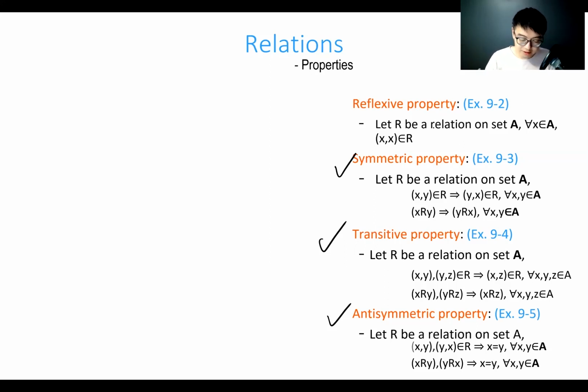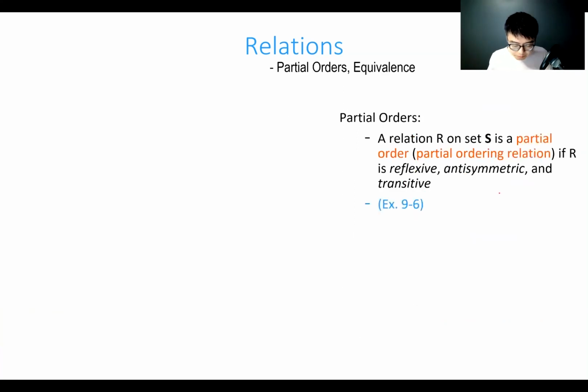Now with symmetric, transitive, and antisymmetric, it depends that if the premise is true, then the conclusion has to be true as well. So for example, in the symmetric property, I need to see xy before I see yx, right? So if I don't see xy, then I don't need to see yx, right? So just keep that in mind as we evaluate these properties even further.